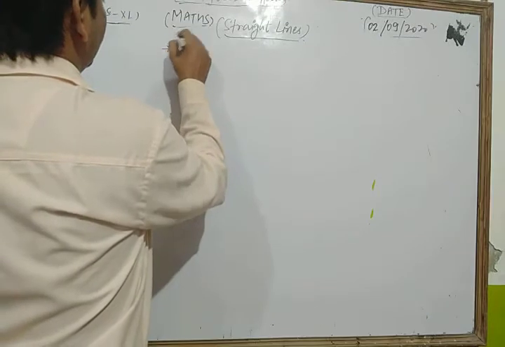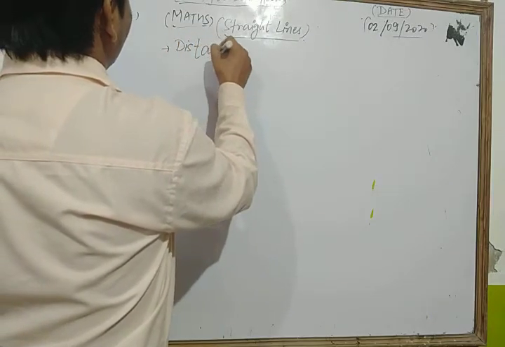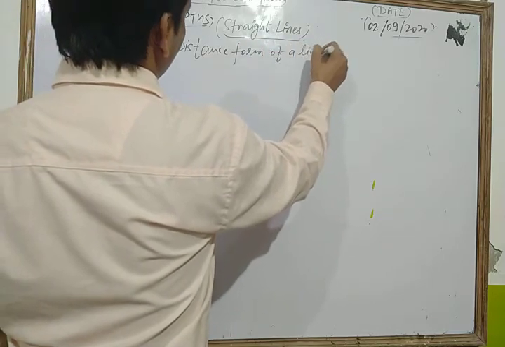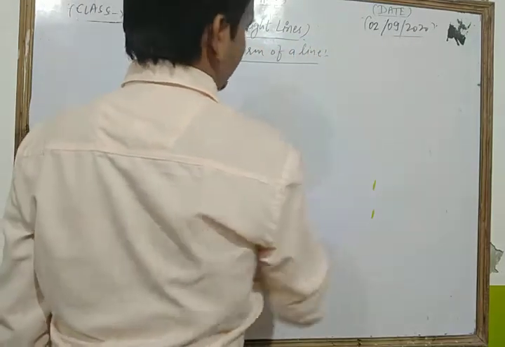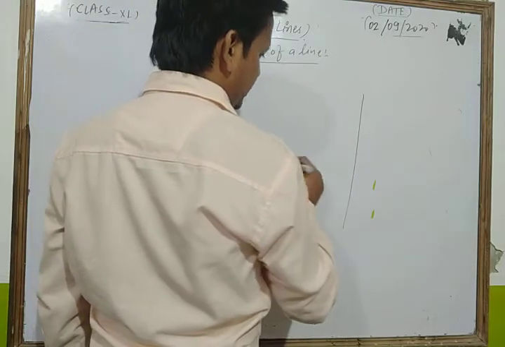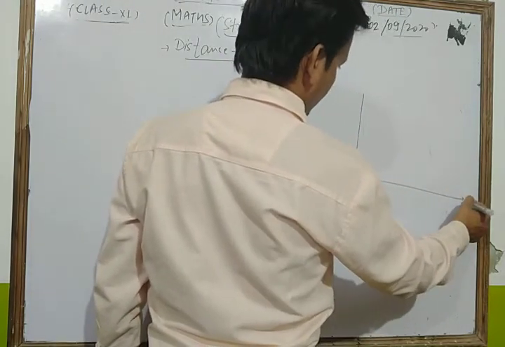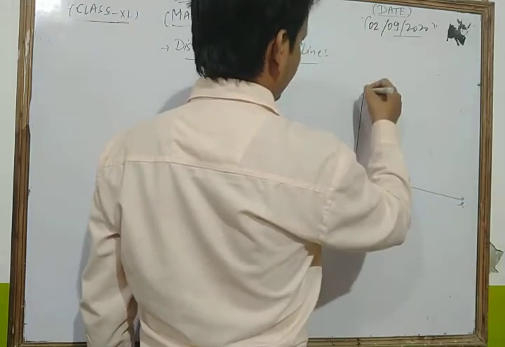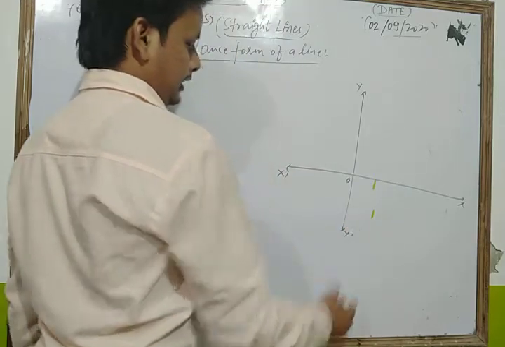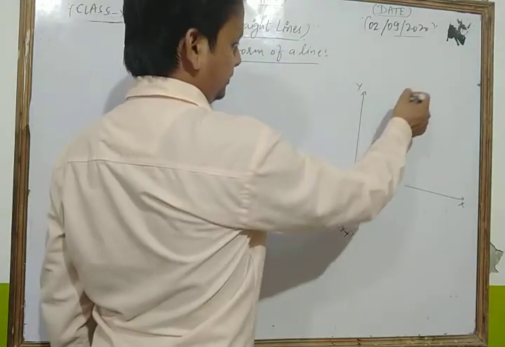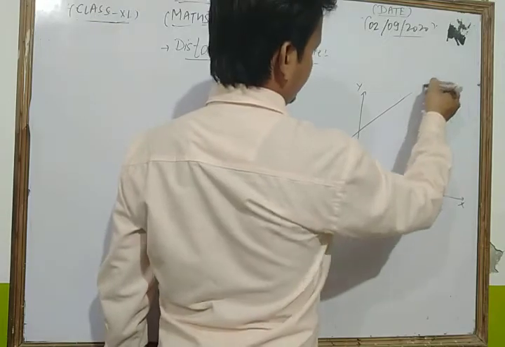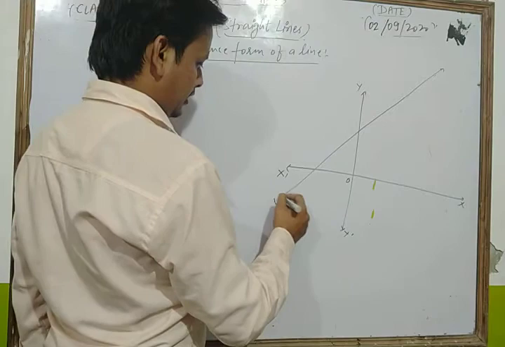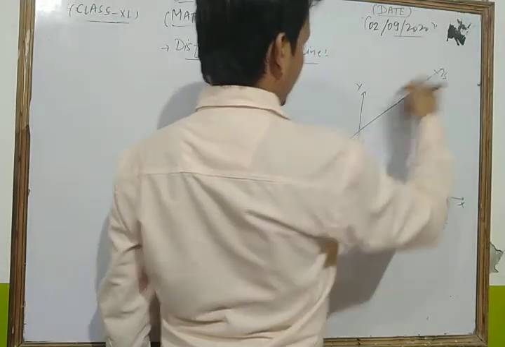We discuss the distance form of a line. Suppose in that topic we take XOX' and YOY'. Suppose a line AB passes through in this way.